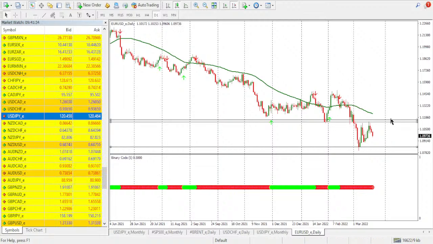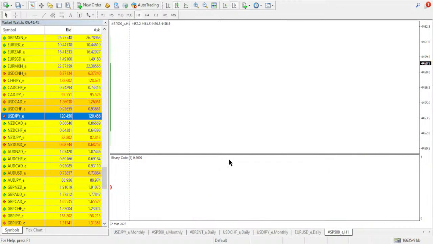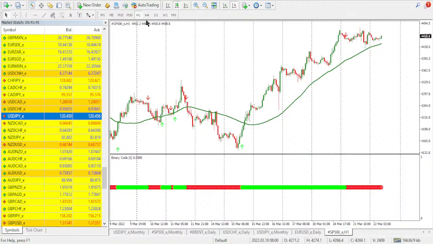The next instrument which I want us to look at is the SP500. So this is bullish. Despite the fact that this indicator is showing us a sell, the other indicator, this moving average, is actually showing us a buy.